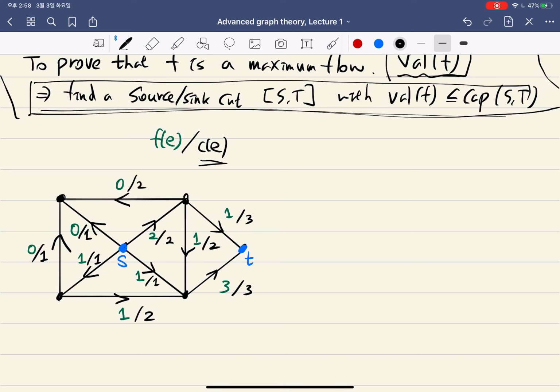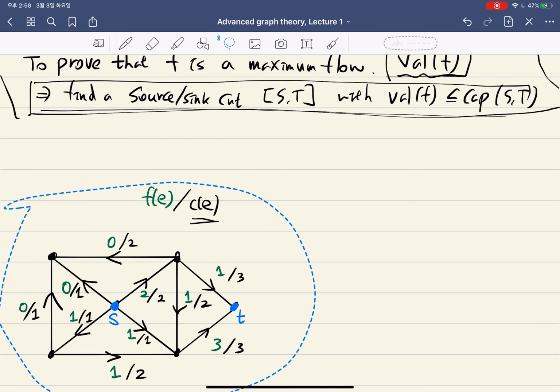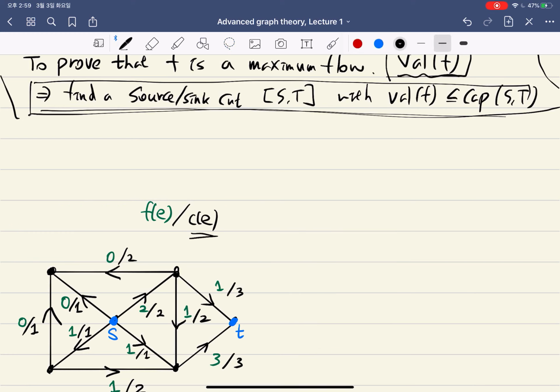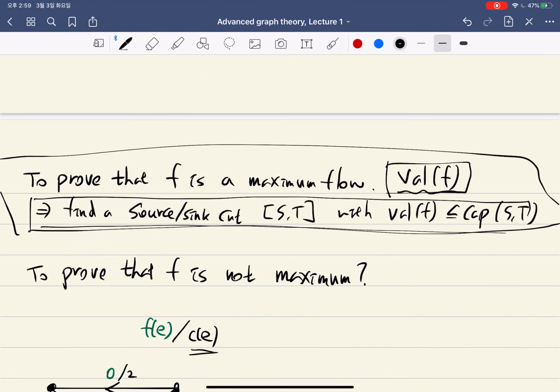And what if we want to prove that some f is not maximum? To prove that f is not maximum, what should we do? We want to find the maximum flow, so we want two tools. One tool that can detect a maximum flow: once a flow is given, we want to check whether it is maximum. And also we should be able to check whether it is not maximum. If it is not a maximum flow, then we cannot find a source-sink cut with the same capacity.